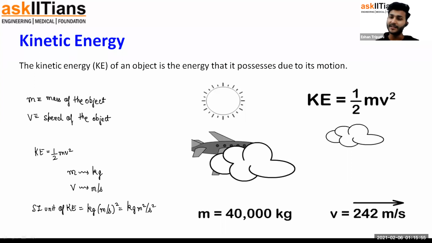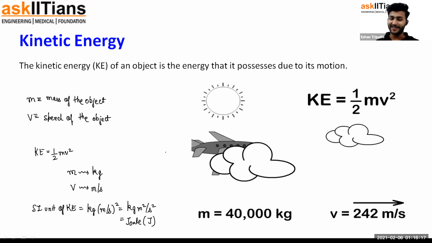Isn't it the same SI unit that we had for work? Work also had the same SI units, kg meter square per second square. That means since we used to call kg meter square per second square joules, we can say the SI unit of kinetic energy is also joules, in short represented by the symbol J.